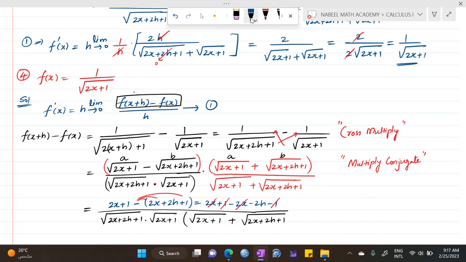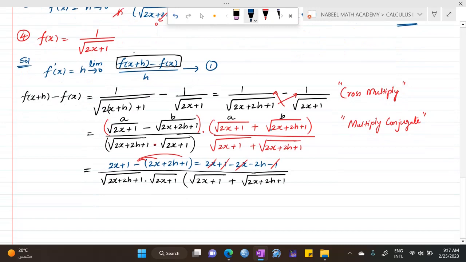Now equation number 1 implies f prime is equal to limit h approaches 0.